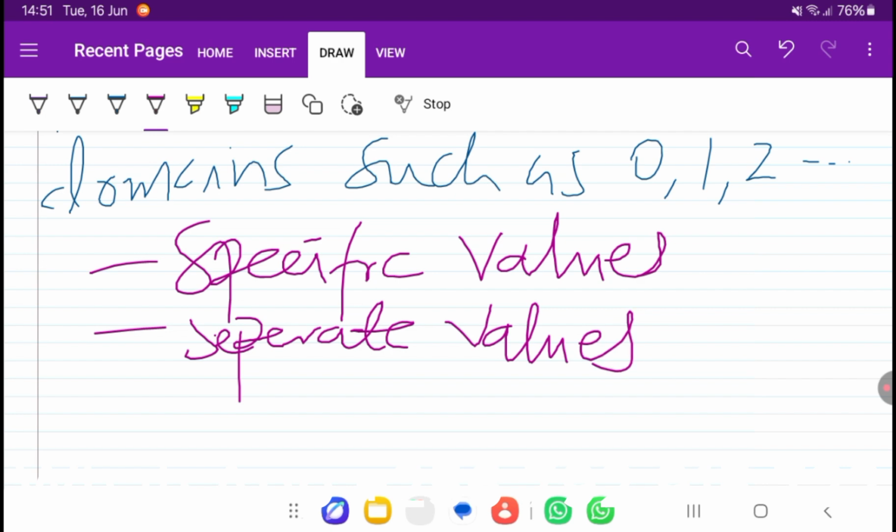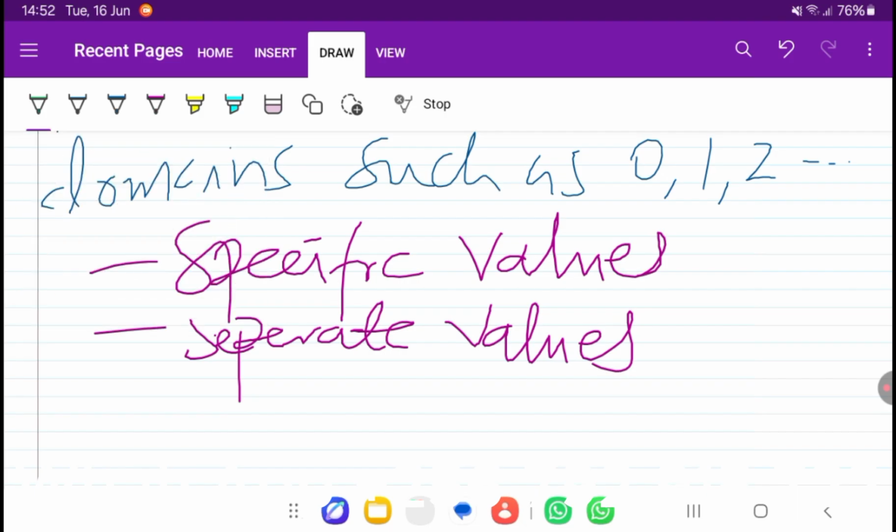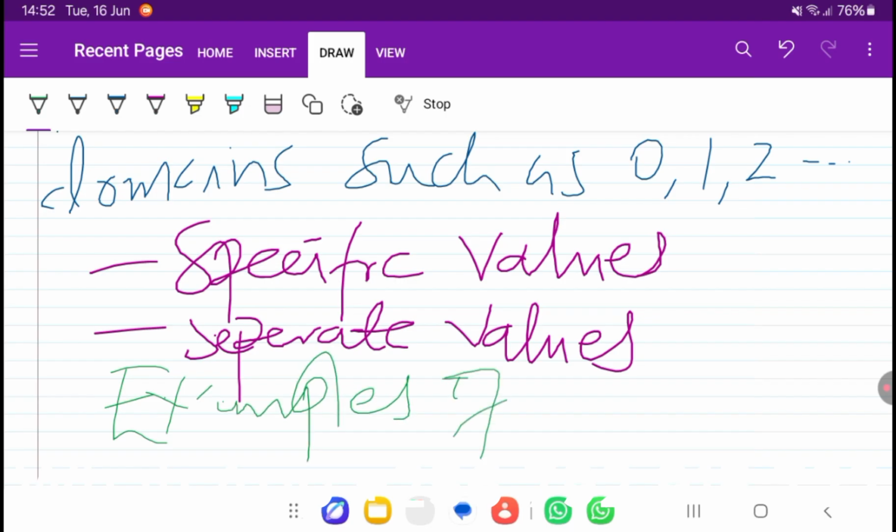So I want us to look at some of the examples of discrete data.